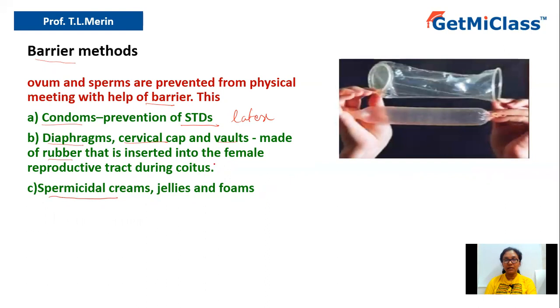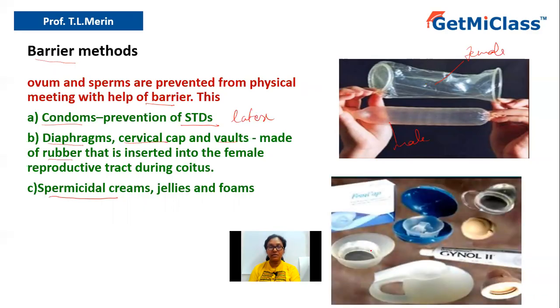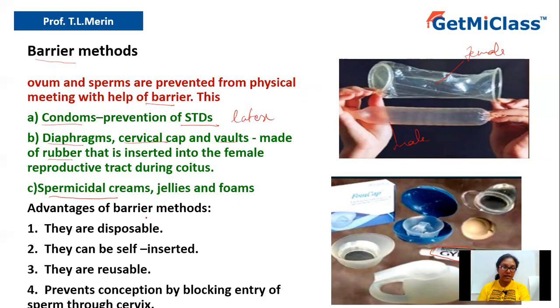Then you can see this is the condom. This is for male and this is for female. These are the two different types of condoms. You also have certain other devices, as I told you: the diaphragms, the cervical caps, and this is the spermicidal cream, jellies, foams, etc. Then let us see the advantages of barrier methods.